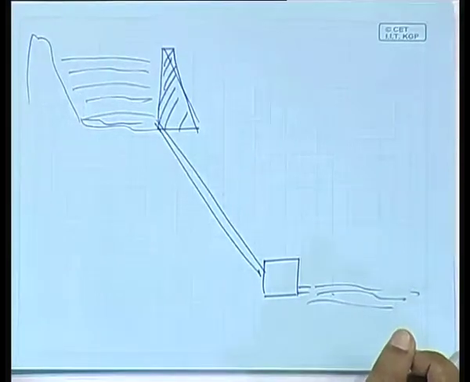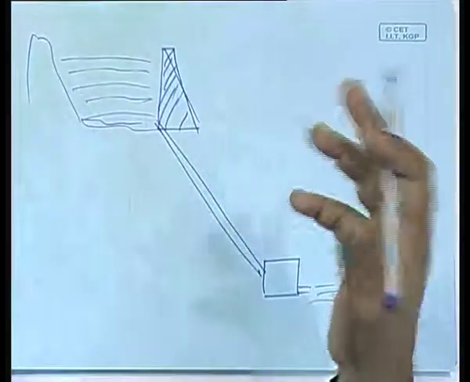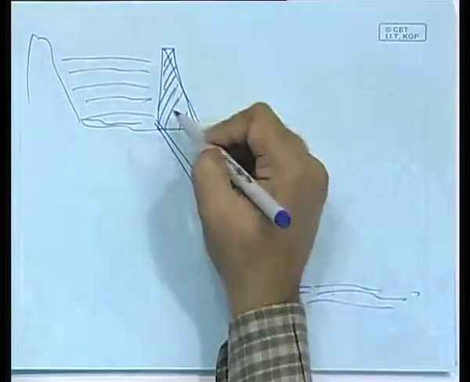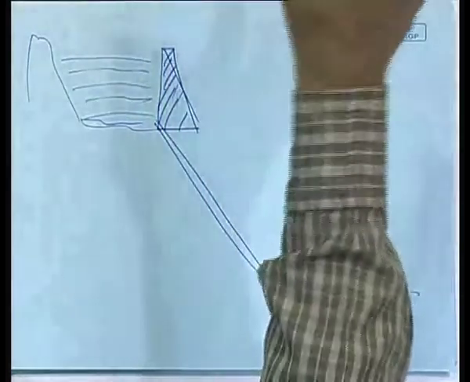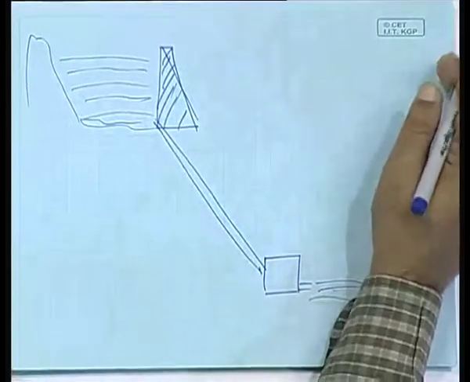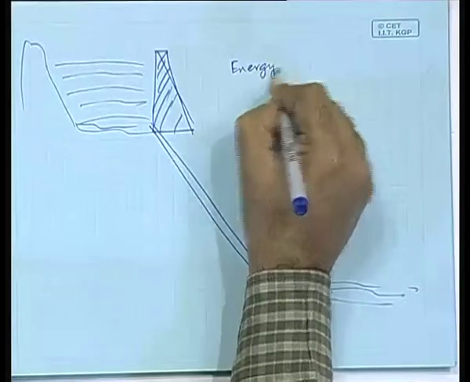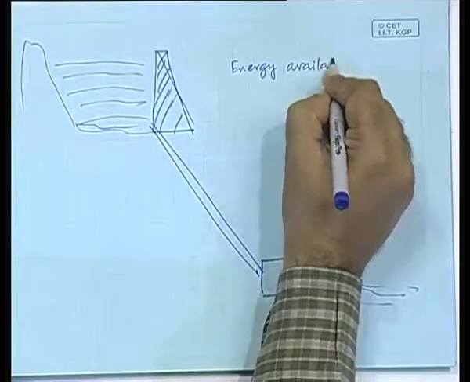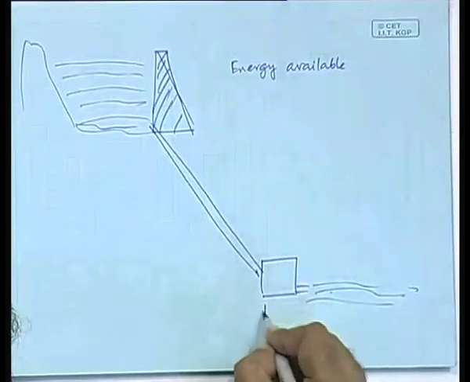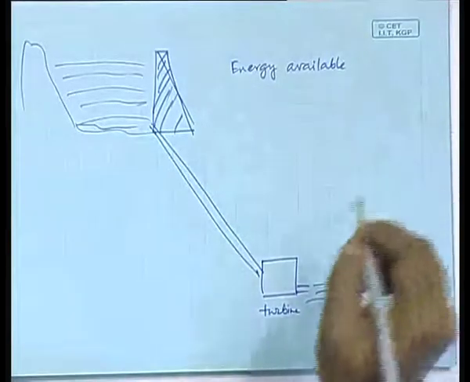Now you see that there are various ways of creating the dam. In very crude microhydel plants, this can even be simply some boulders placed with clay, but in most places you have got concrete structures. In any case, the point is that the amount of energy available, so here is the turbine, and this is the penstock.